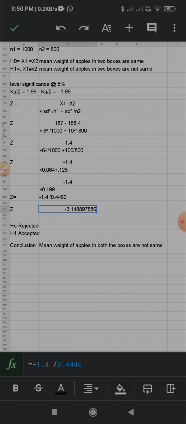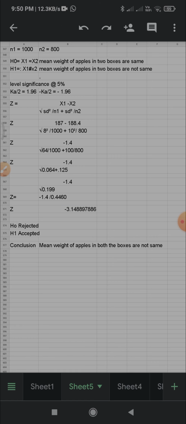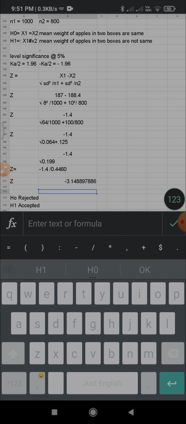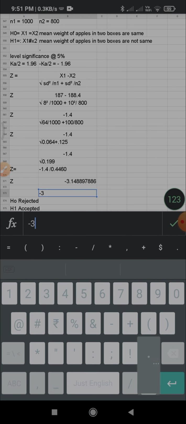The answer is minus 3.14. Now here the calculated answer is minus 3.14.